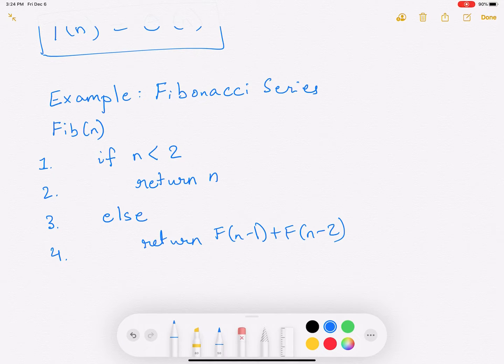And for n equals 1 and n equals 0, the Fibonacci series is 0 and 1. So fib(0) is 0 and fib(1) is 1. That's the base case here, and this one is the recursive case.